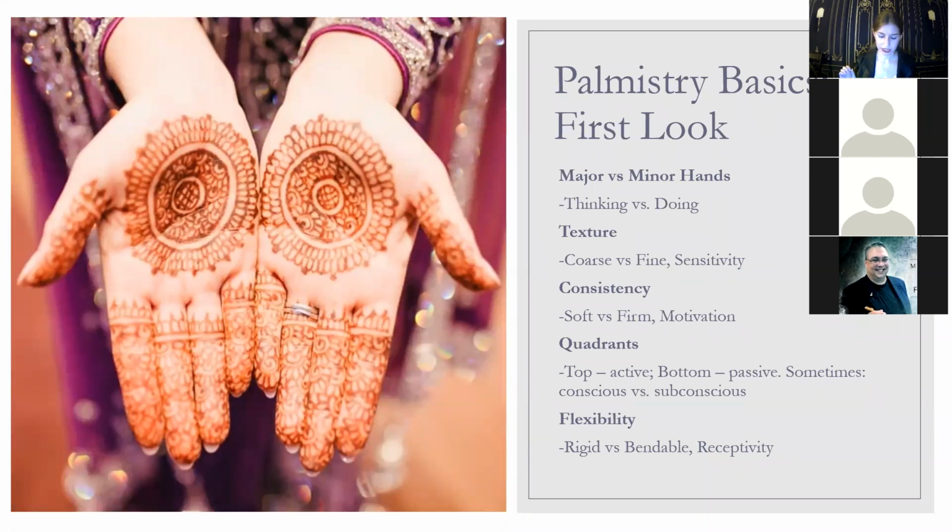The Mount of Venus area, which is just below the thumb and getting into the unconscious passive area, has to do with energy, stamina, sex and passion, unconscious instinct. And the passive inner, the area with the lunar mount, is all to do with intuition, imagination, and emotions.